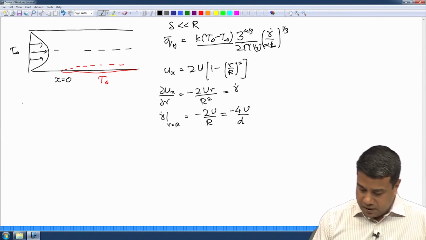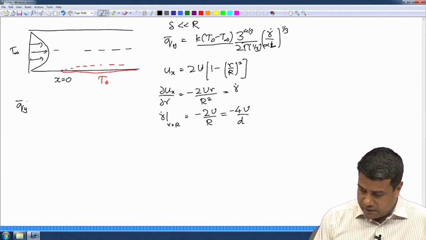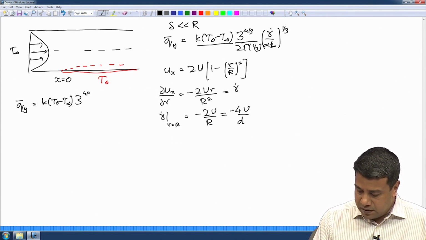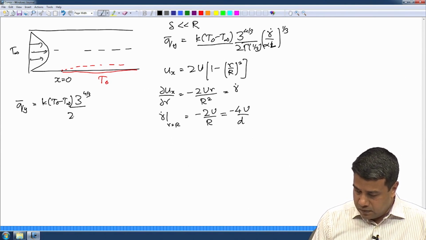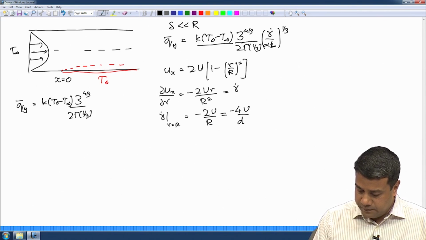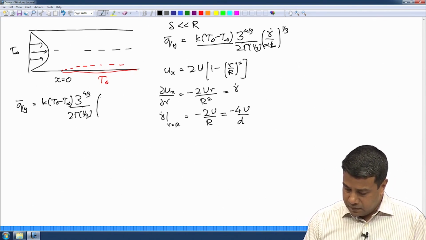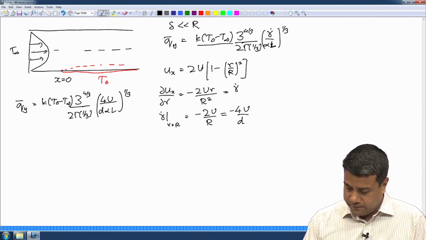Therefore, I will get Qy average is equal to k into T naught minus T infinity, to 3 power 4 by 3 by 2 gamma of 1/3, into 4u by d alpha L, power 1/3.